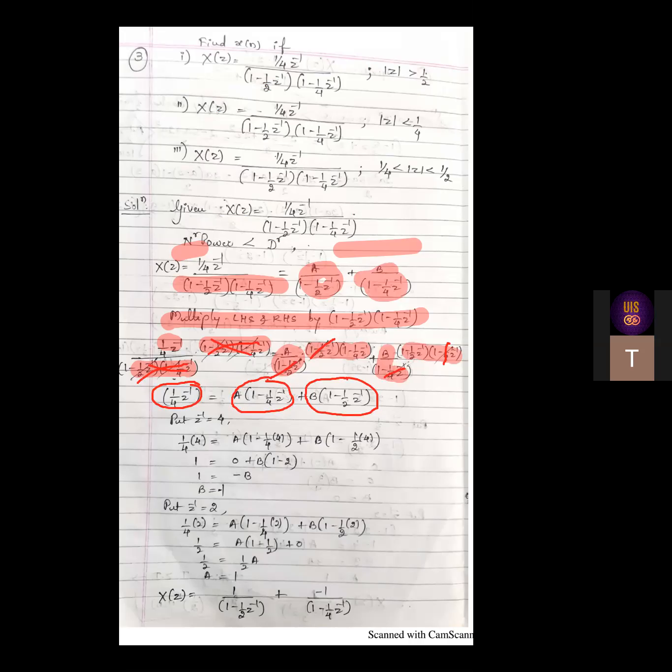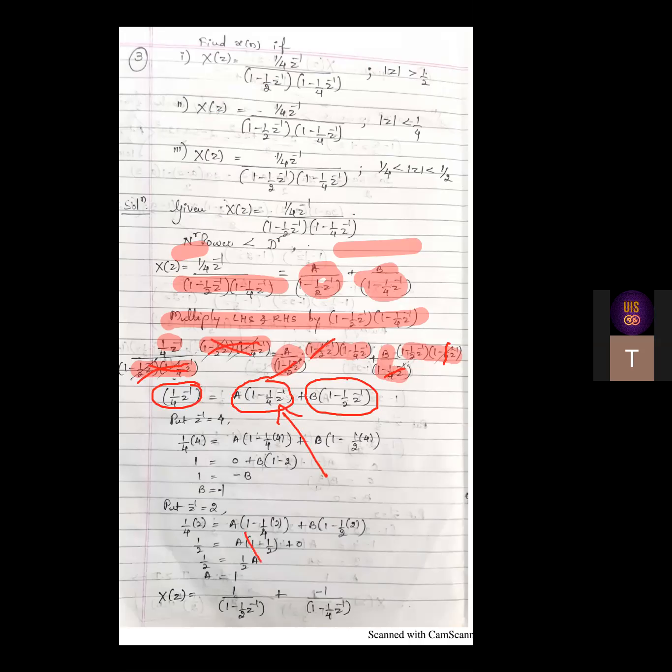Now, as we have only a single equation, it is not possible for us to find A and B directly. So what we will do is make any one variable 0 by substituting some values of z inverse, by trial and error. For the first case, I have made A equal to 0. How to make A 0?